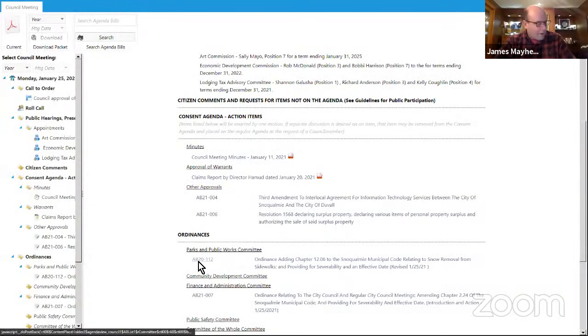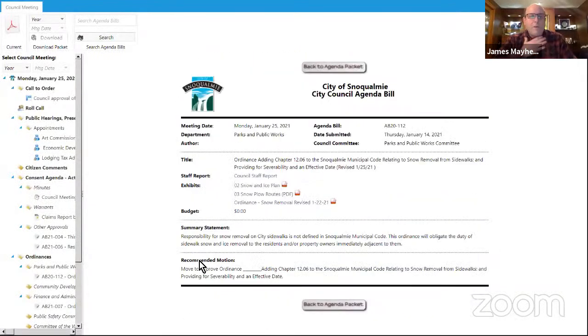And then secondly, it says physically unable to comply. Maybe that takes care of the resident that I'm worried about, that Councilmember Ross brought up. But what about me, folks? I'm physically able, but it's very foolish. There are other council members on this council who would be very foolish to try and shovel any significant amount of snow.